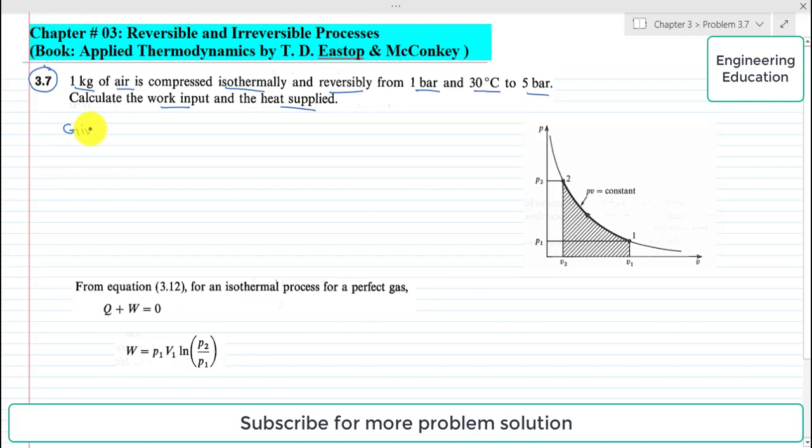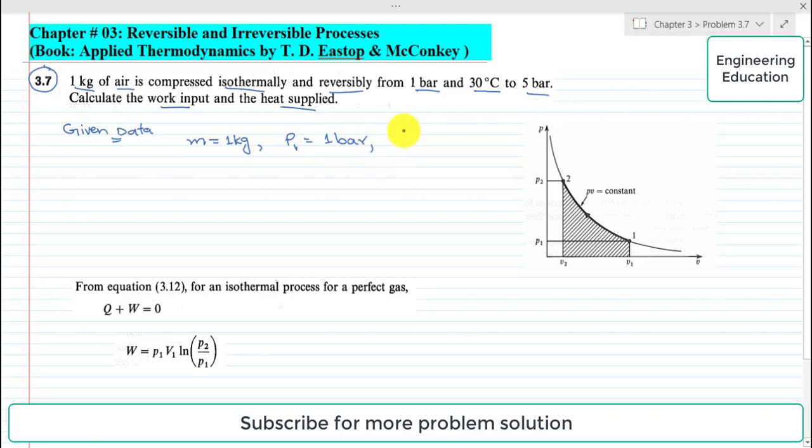So first we will write the given data. The mass of the air which will be compressed is 1 kilogram. Initial pressure is P1 and that is 1 bar.